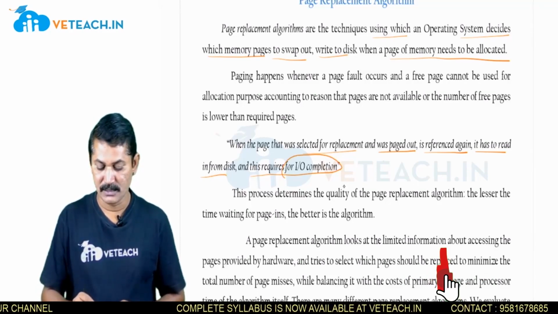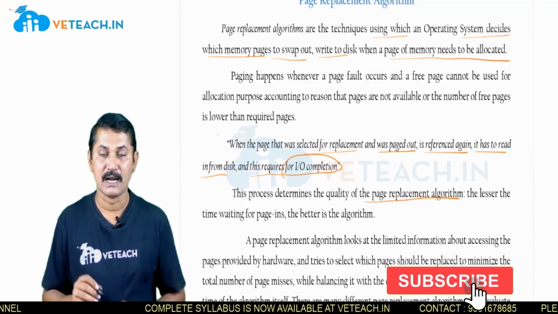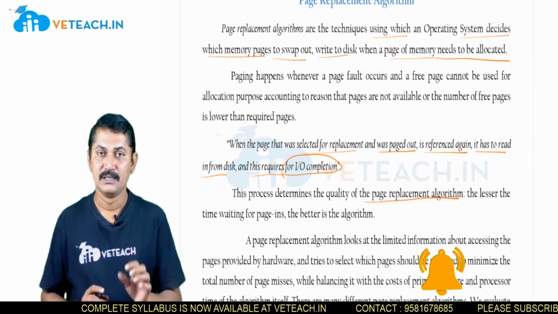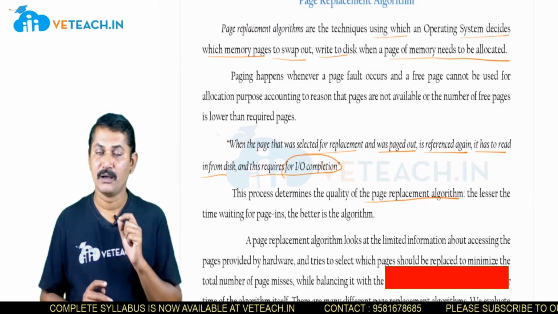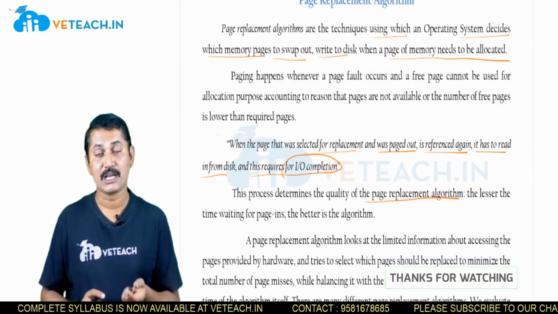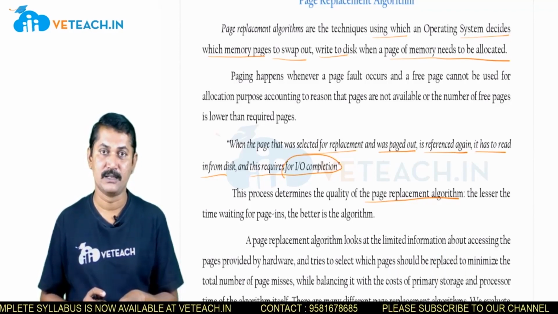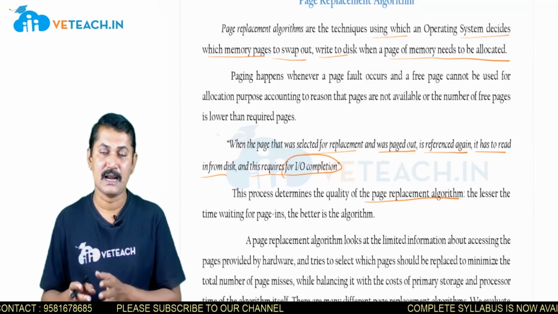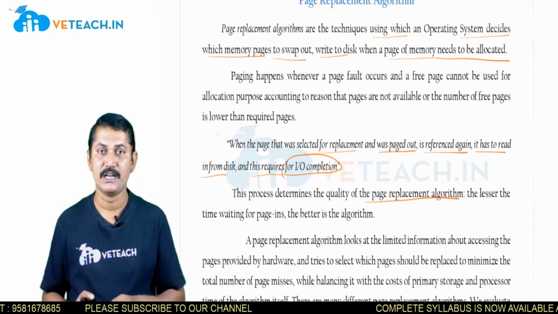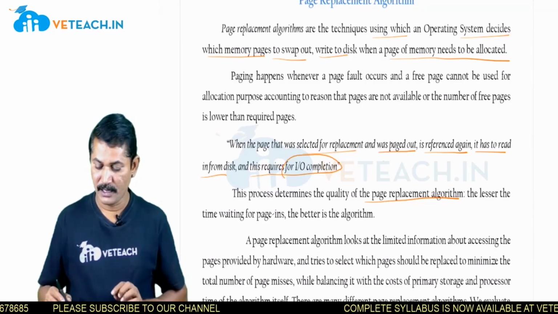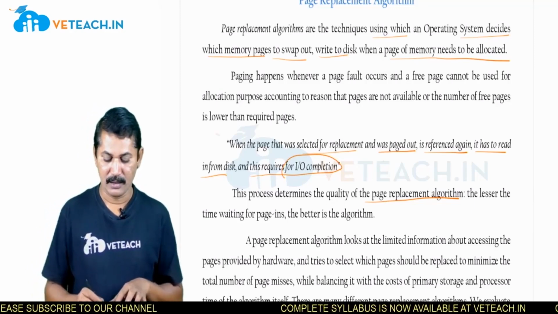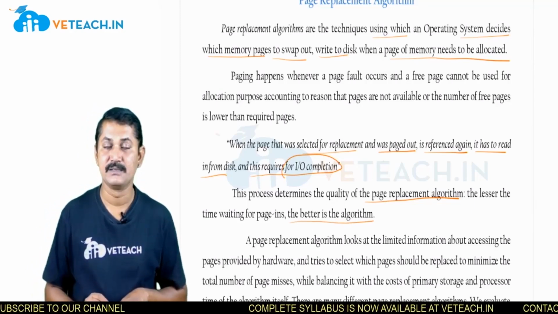This process determines the quality of the page replacement algorithm, that is, how efficiently the work is done by a particular algorithm. The less time spent waiting for pages to come in, the better the algorithm is defined.